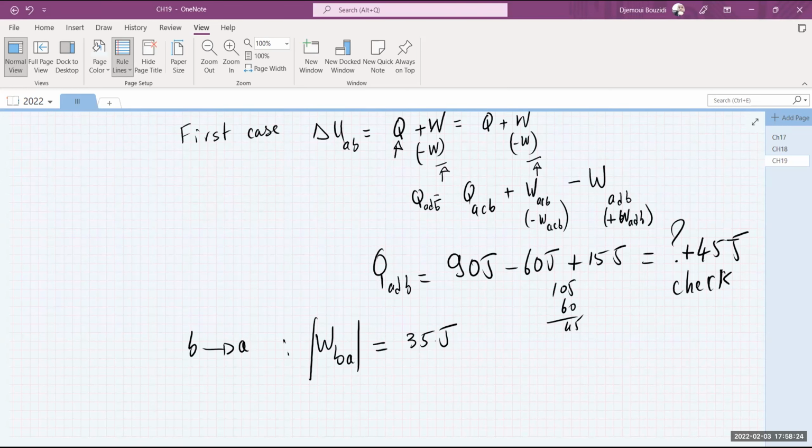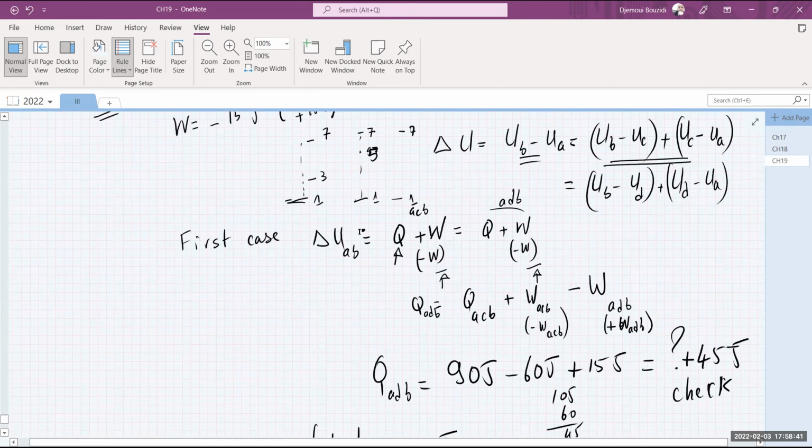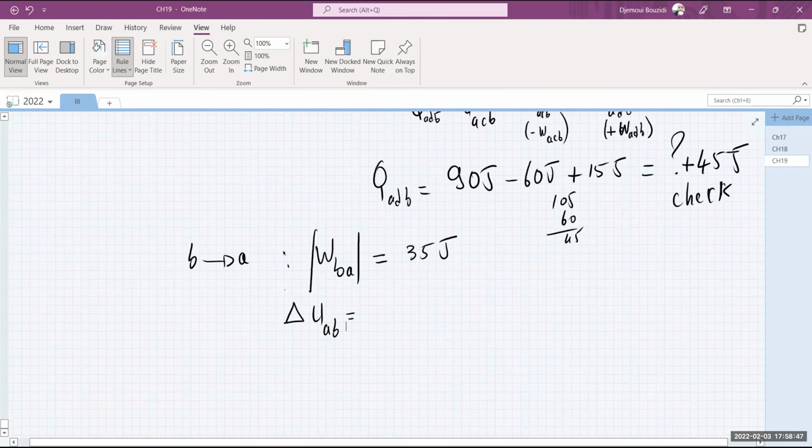Does the system absorb or liberate heat? No, the question has nothing to do with the work. It has to do with heat, Q. Okay. Well, we know delta U from A to B, which is equal to, either of these formulas would work for me. What is it? This one, because I know Q and know W. So it's going to be 90 joules minus 60 joules.